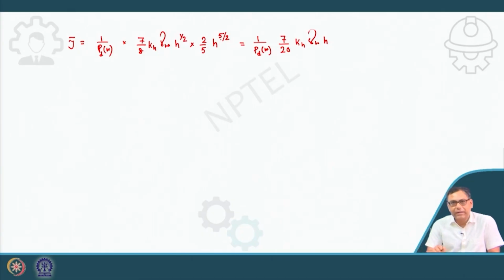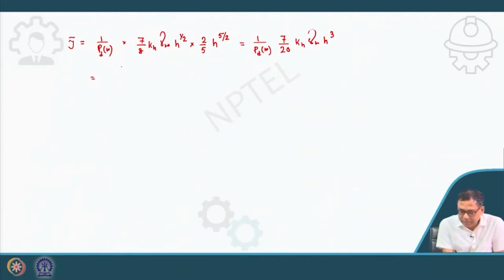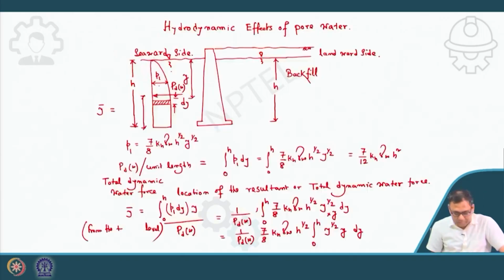So, if I add them, this will be 6 by 2, so it will be h cube. Now, what is the P d w value? This is 7 by 12 kh gamma w h square. So, this will be 7 by 20 kh gamma w h cube divided by 7 by 12 kh gamma w h square. Okay.